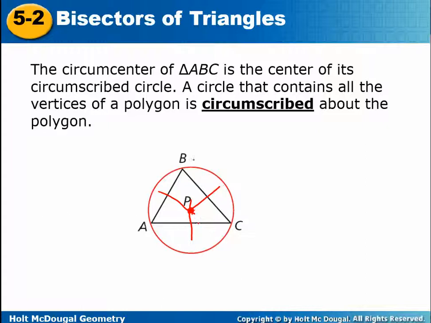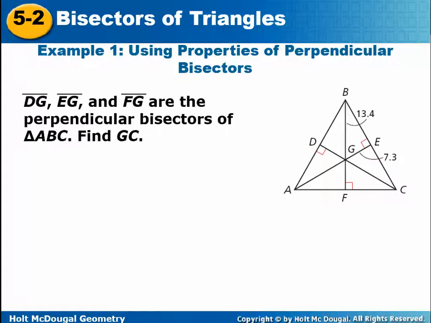The radii are the same in a circle. So you could put the point of your compass here, and you could stretch out your compass so that it was that wide apart, and then you can draw your circle, and that's your circle that would be circumscribed about the polygon. So lots of good stuff about the circumcenter.